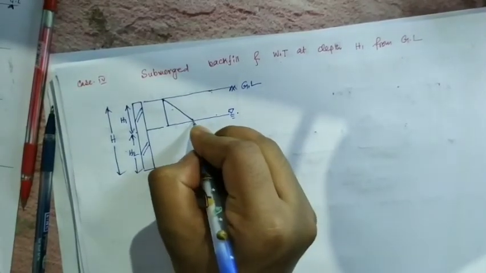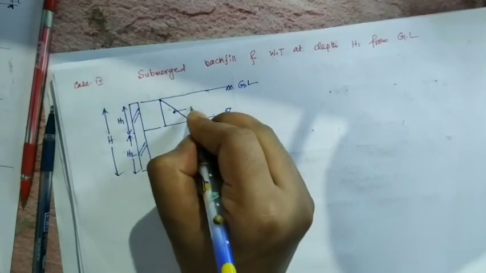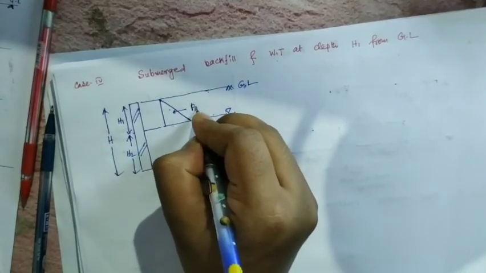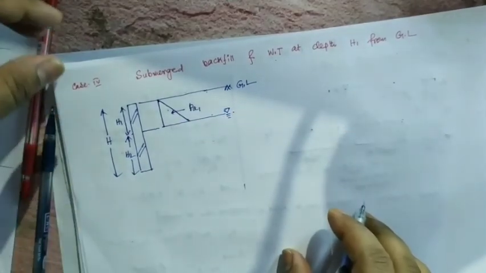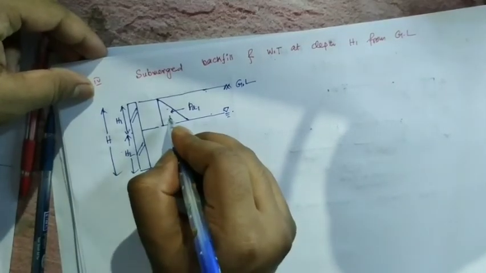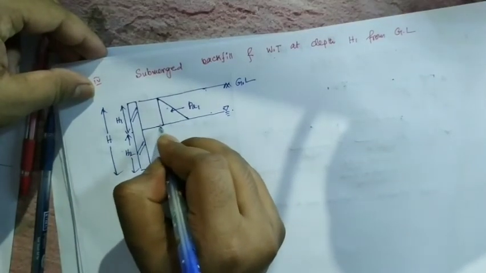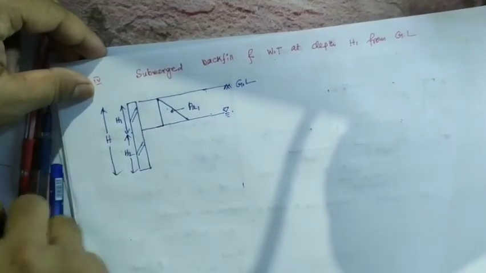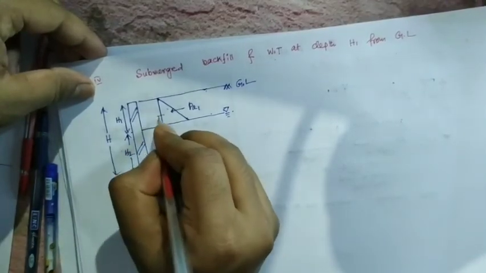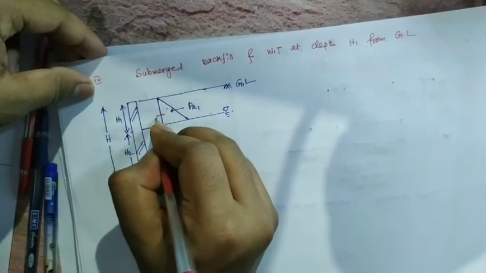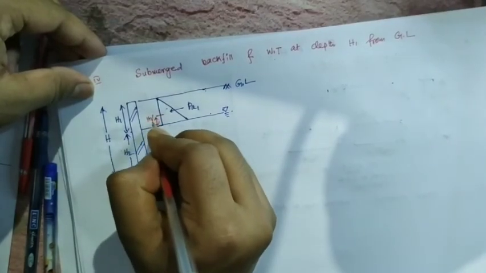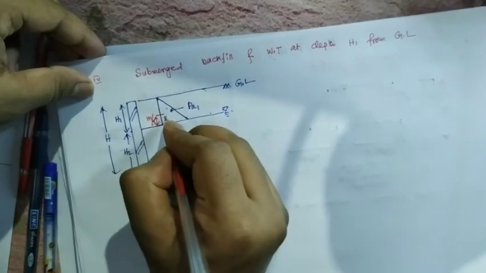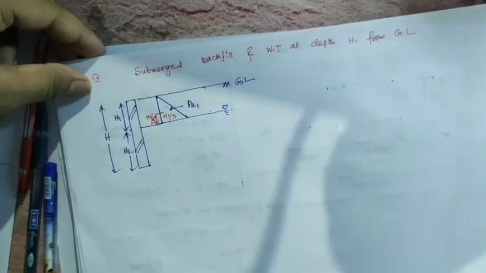Suppose I am naming it PA1. The centroid will be at h1 by 3 distance from the bottom.